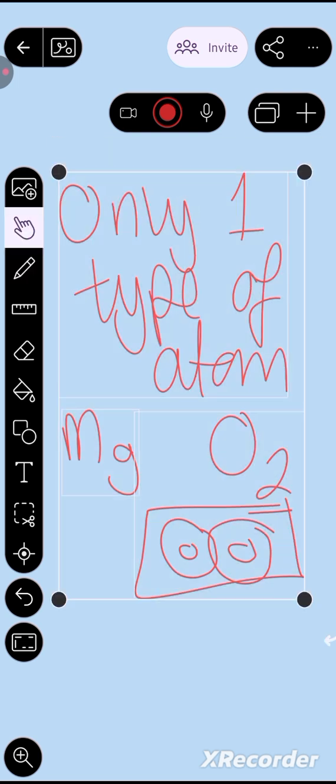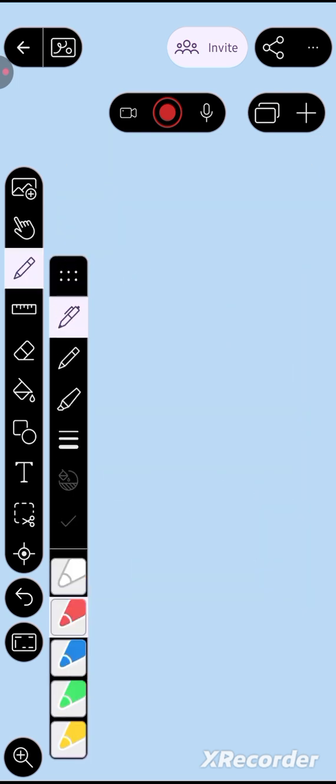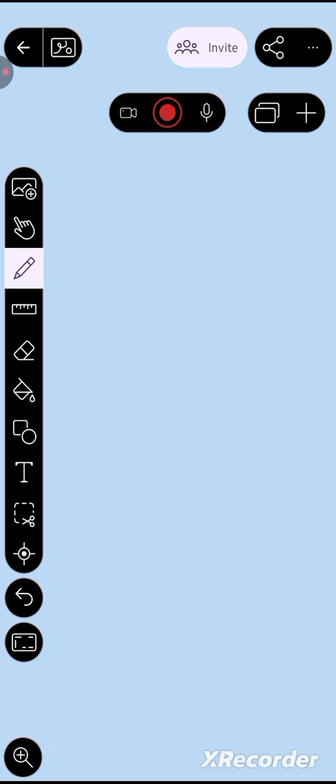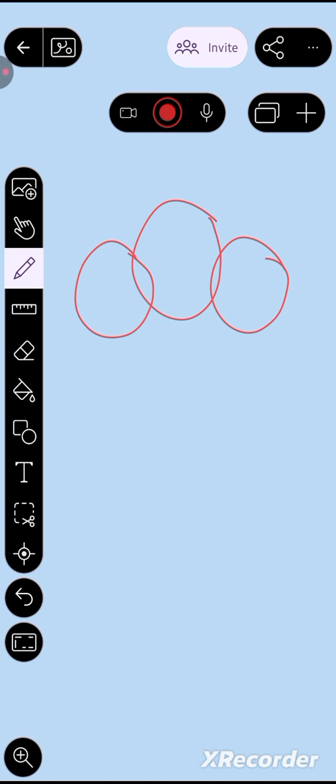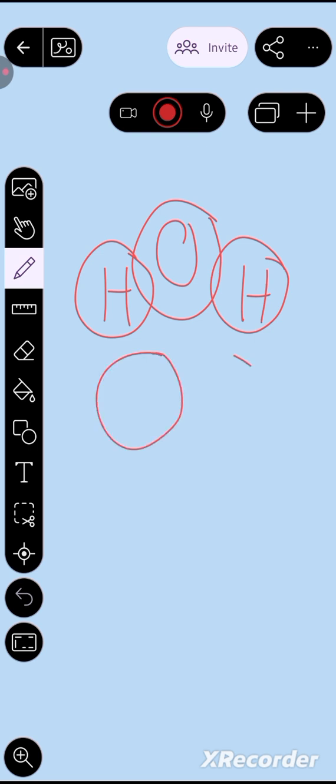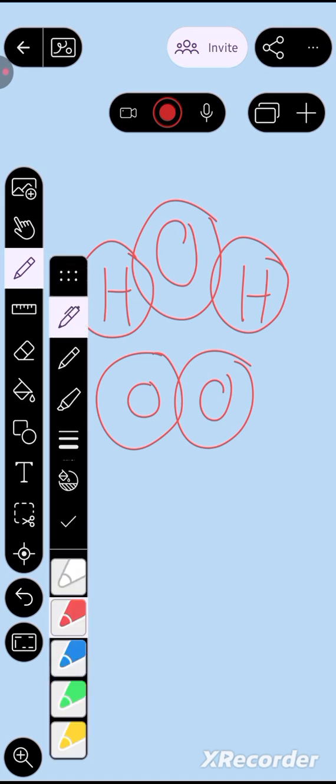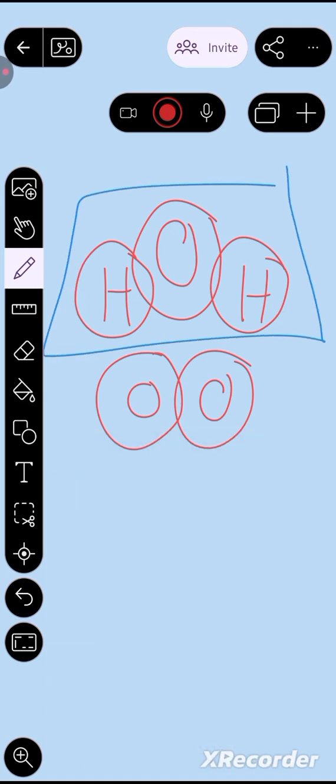Whereas, if I were to take this, for example, where we've got 2 hydrogens and an oxygen, compared to just the 2 oxygens, this is a compound.